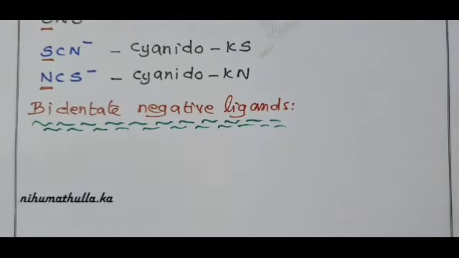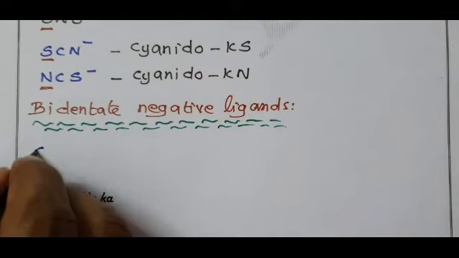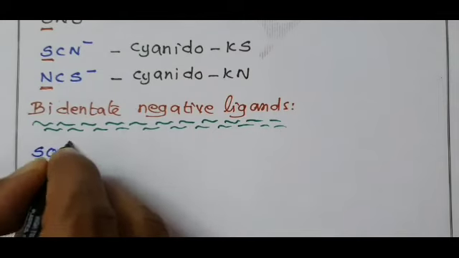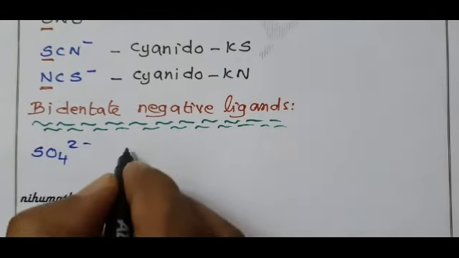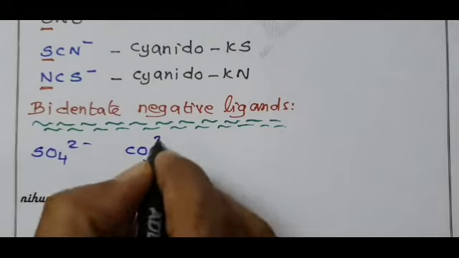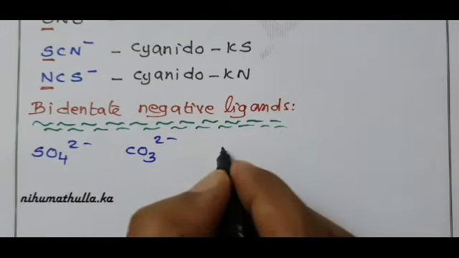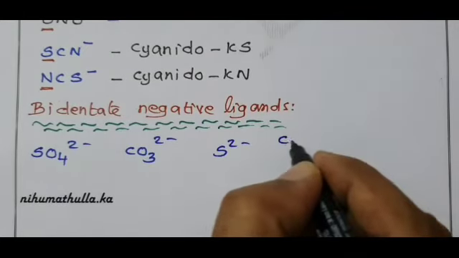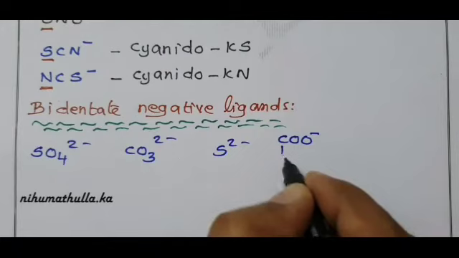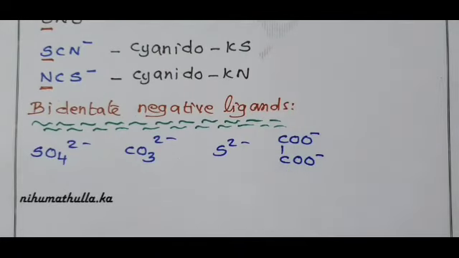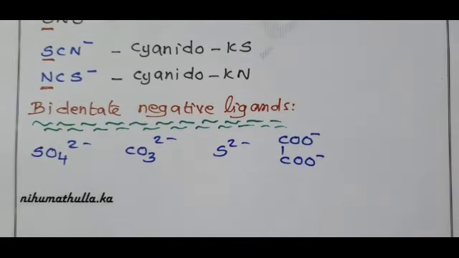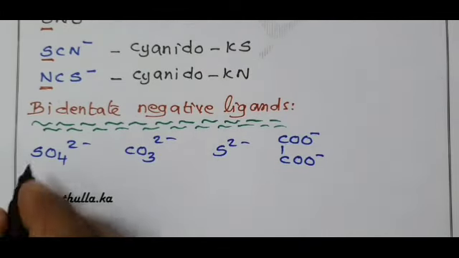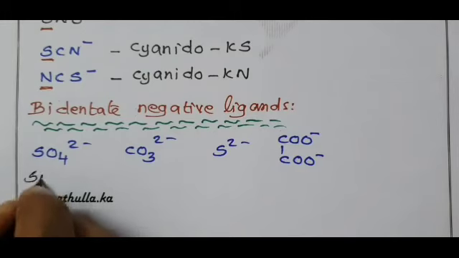Now, the first one is SO4 2 minus ion, CO3 2 minus ion, S 2 minus ion, and C2O4 2 minus. All these are bidentate. What are the names of these negative bidentate ligands?